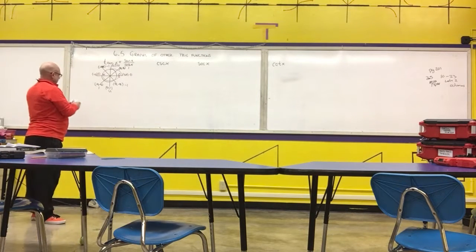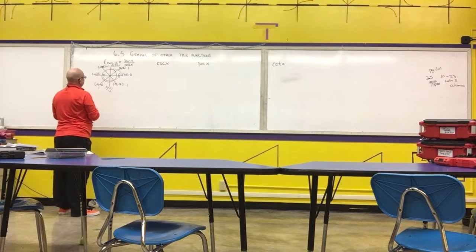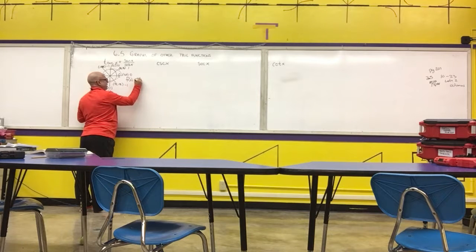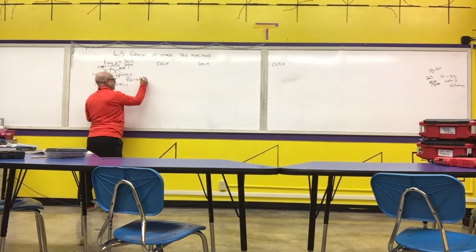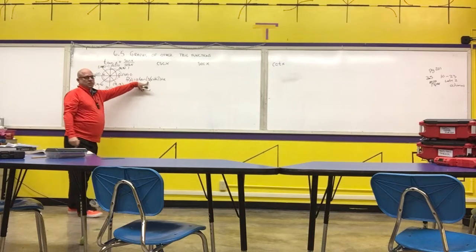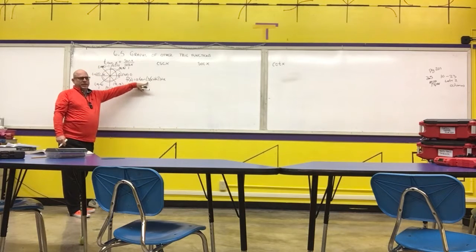For tangent, in its transformation form, f of x equals a tangent of b times x minus h, plus k, where h is the phase shift, the b is no longer 2 pi over b to find the period.